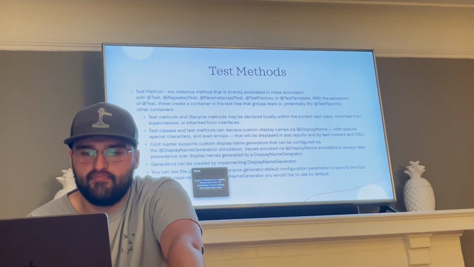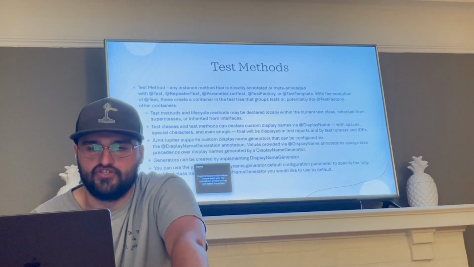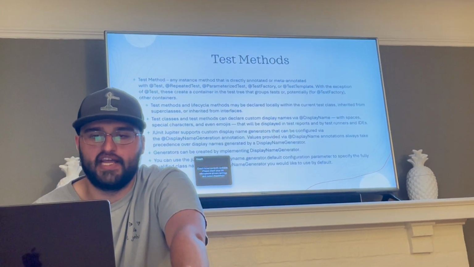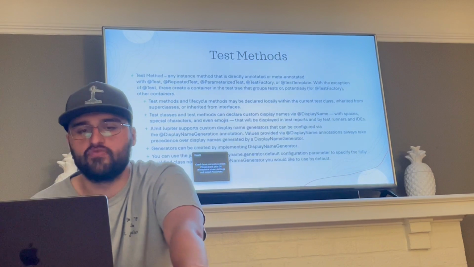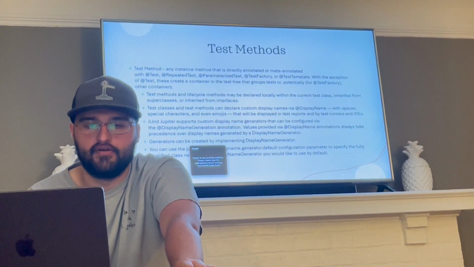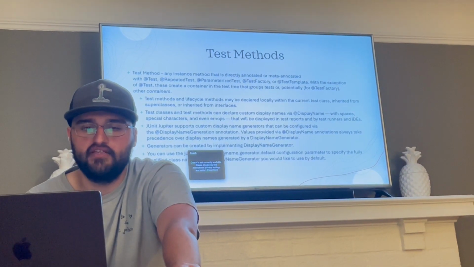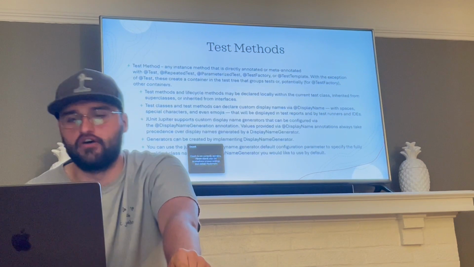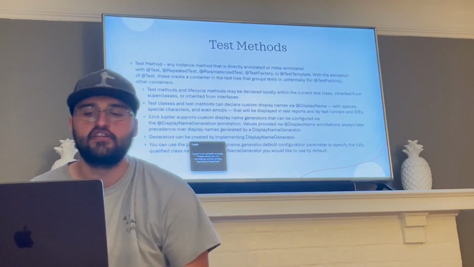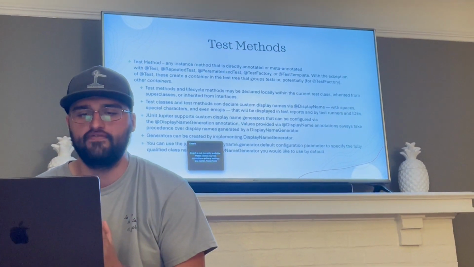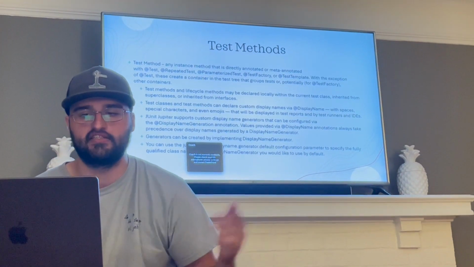Values provided via @DisplayName annotations always take precedence over display names generated by a display name generator. Generators can be created by implementing DisplayNameGenerator. You can use the junit.jupiter.displayname.generator.default configuration parameter to specify the fully qualified class name of the display name generator you would like to use by default.